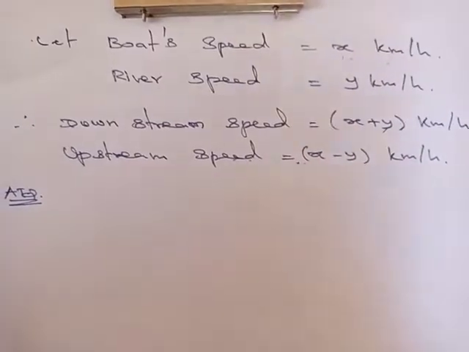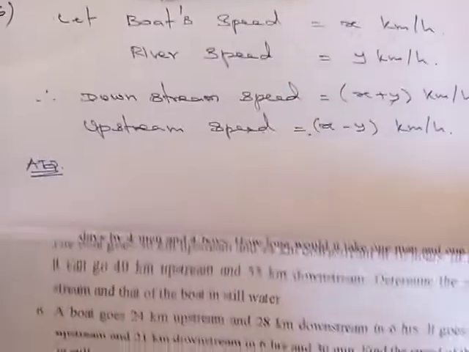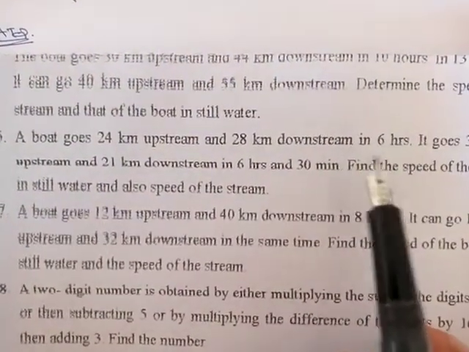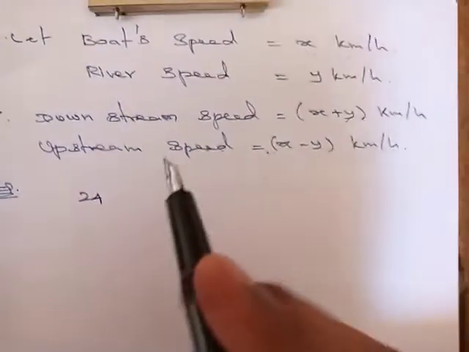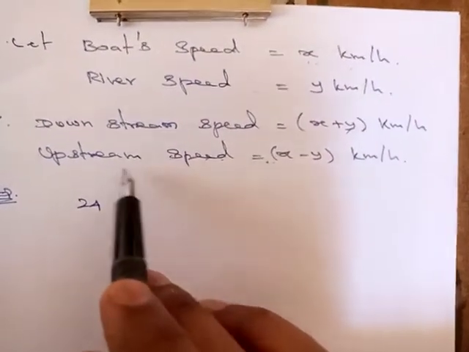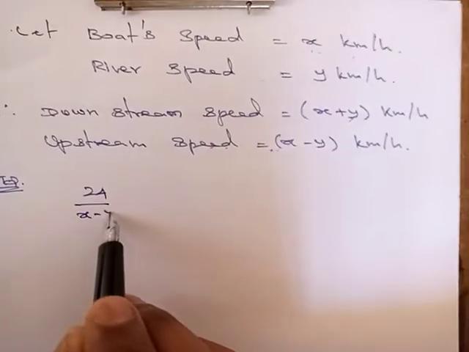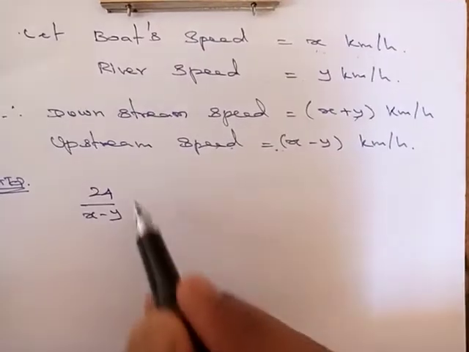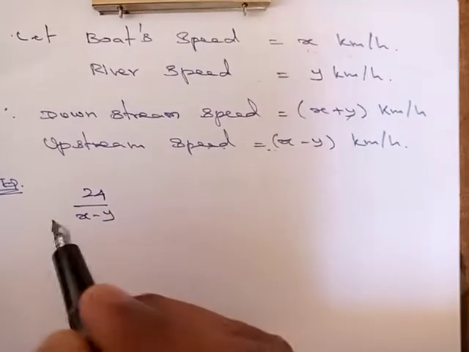Now, according to the question, how many kilometers does it travel in the downstream? See this? 24 kilometer upstream, 28 kilometer downstream in 6 hours. 24 kilometer upstream. What is the speed of upstream? x minus y. 24 divided by x minus y. That is distance by speed. That is time. So we are getting time to travel in this upstream.